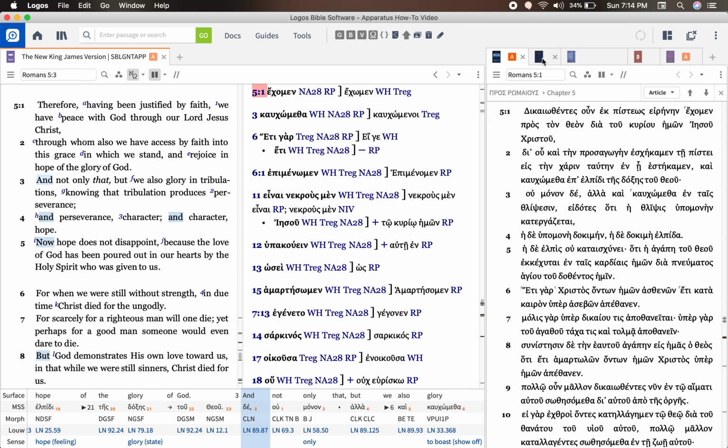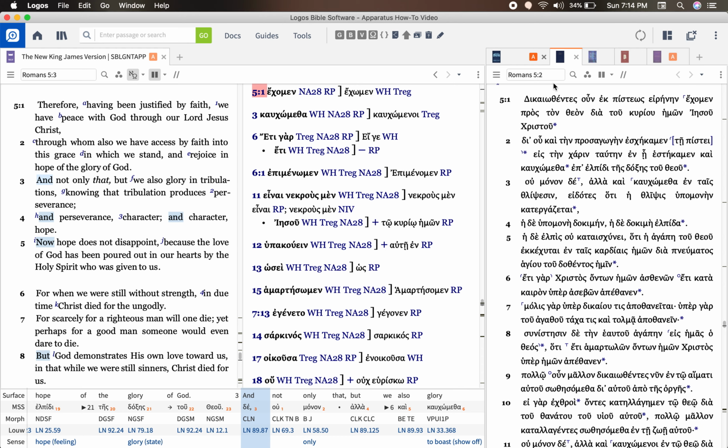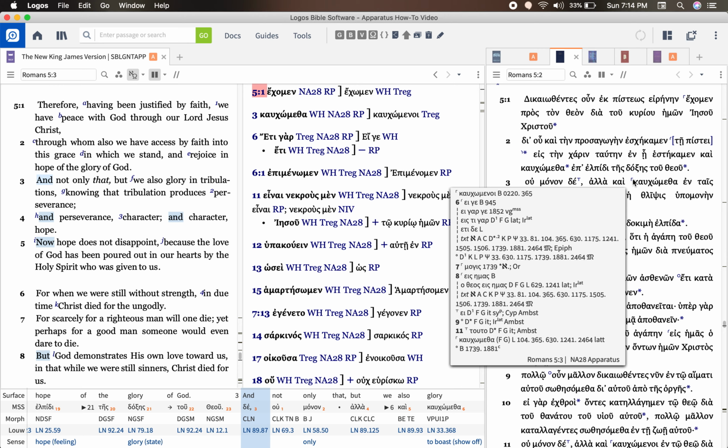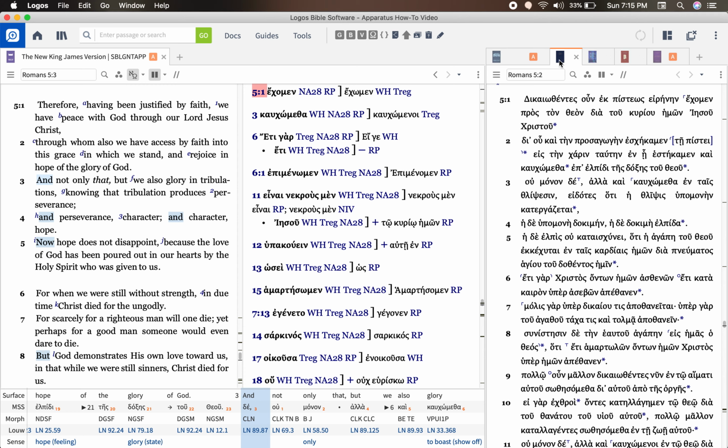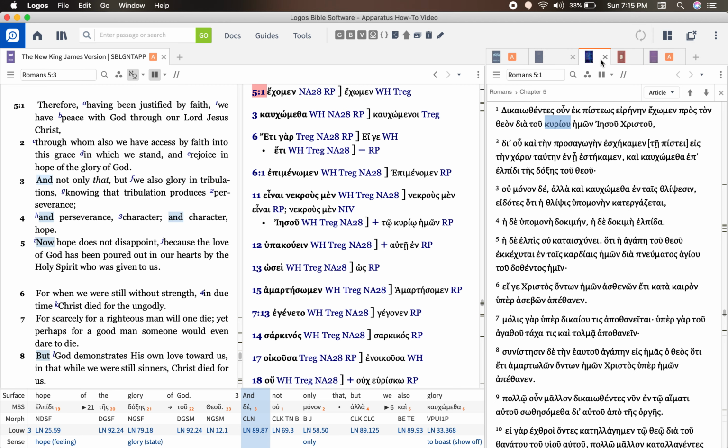So if we looked at each of these, we would definitely see it, and I do not have my glasses on, so let me bend down a little bit closer here. We're looking at 5.3. Here it is, and by the way, here's this mark. That's actually the NA28. This takes you to another one, and we'll look at that later. So it was the NA28, the Westcott Hort, and the Robinson Pierpont.